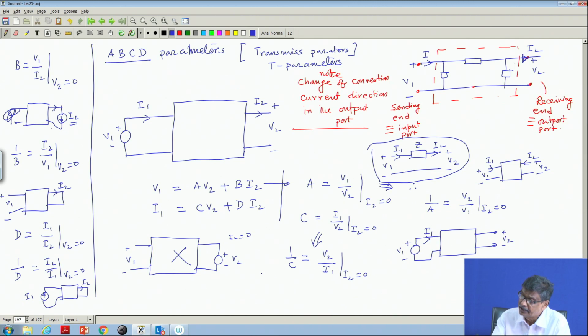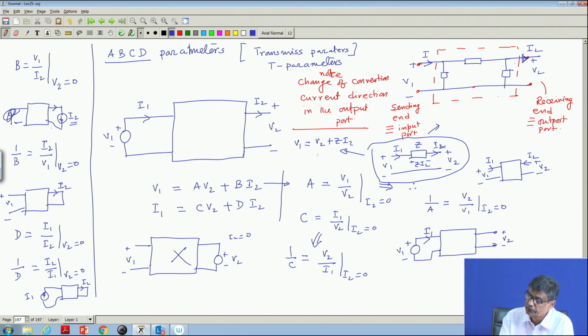Now, to find out the ABCD parameters of this network, you need not do all the shorting and so on, you try to see that. First thing is V 1 for this network. What is V 1? This voltage will be nothing but V 2 plus Z into I 2, is it not?